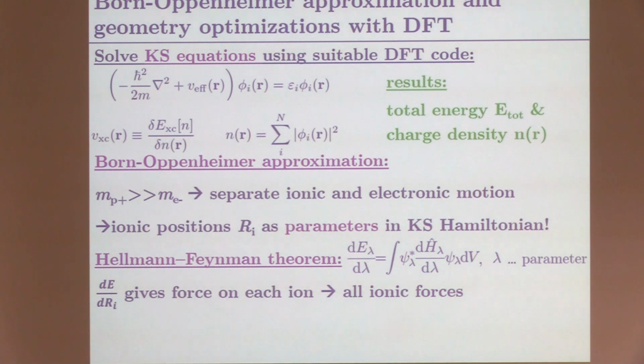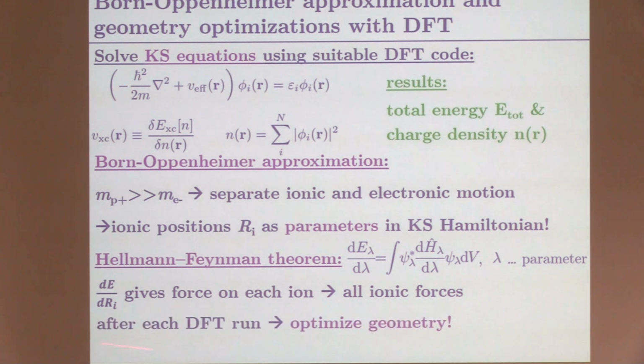So in any DFT code, this is done basically by default, right after every calculation where you have the total energy, because it's very, very efficient to calculate. And so once I do that, I get the forces of all the atoms in my system. Now, I can use that after each DFT single point run to optimize the geometry. I adapt the positions of the atoms and then calculate the forces.